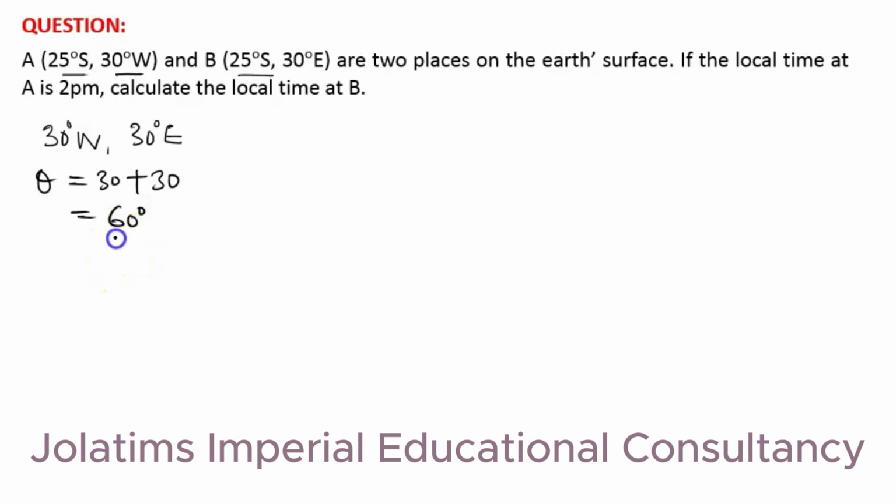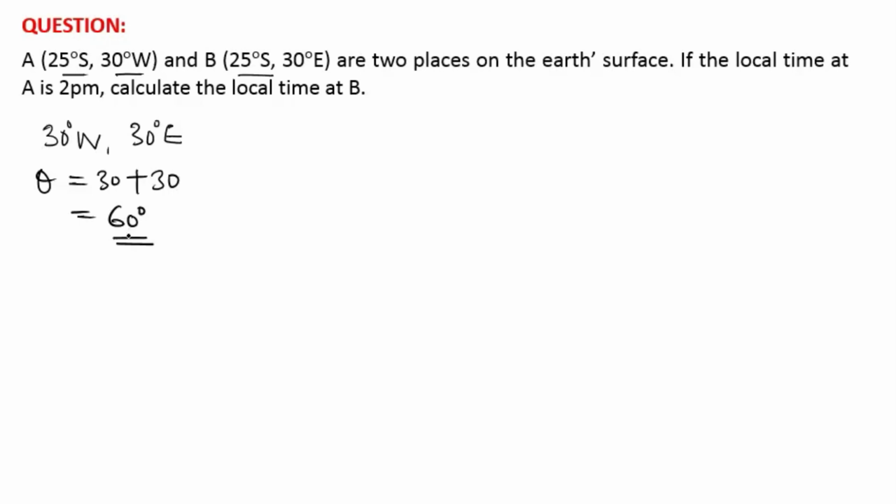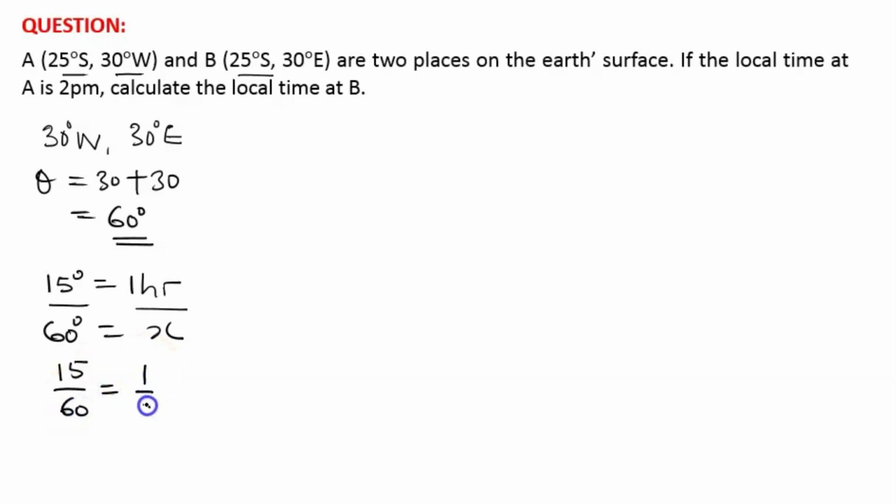So the next thing to do is to convert this angle, our longitude difference, to time. How do we do that? I know that 15 degrees is equal to 1 hour. So 60 degrees is going to be what? So this is like division, just like a proportion thing. I have 15 over 60 here, equals 1 over x.